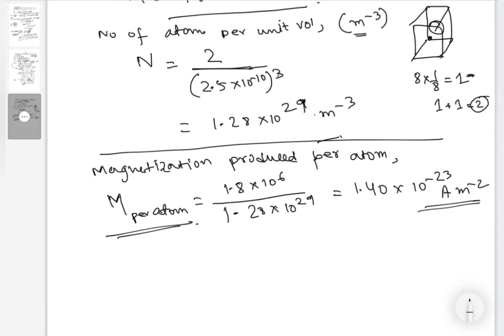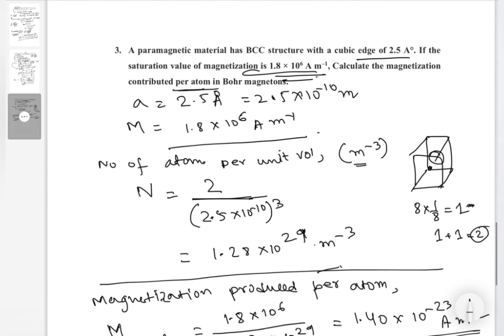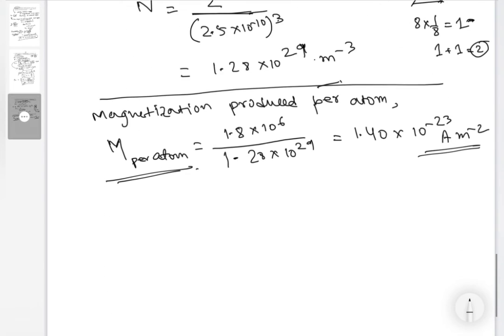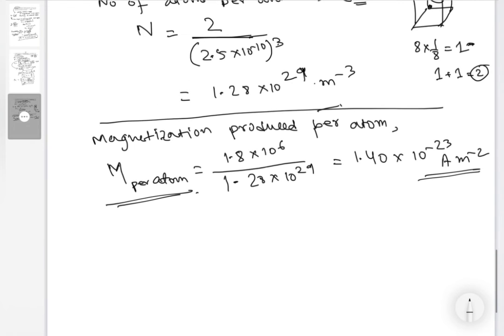But in the question, they are asking this should be in Bohr magneton, not ampere per meter square. So for that, we have to get the value of Bohr magneton in ampere per meter square, and if we divide it, then we will easily get the unit in Bohr magneton. If I know the value of Bohr magneton, then that is okay.